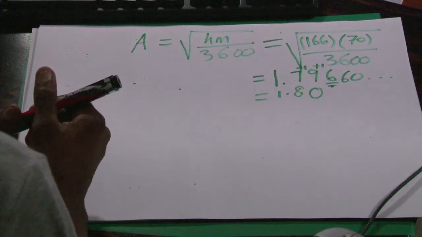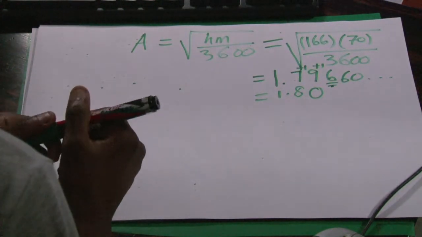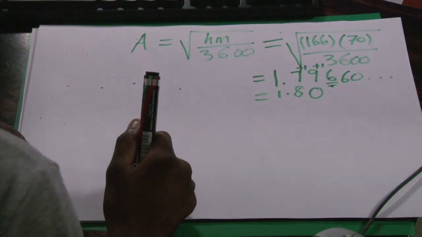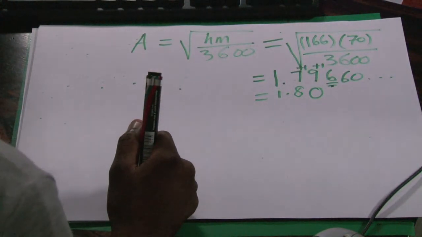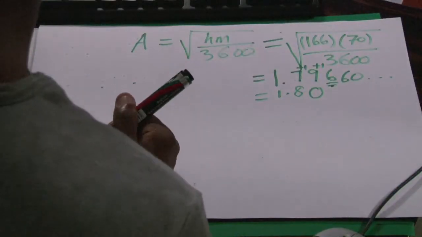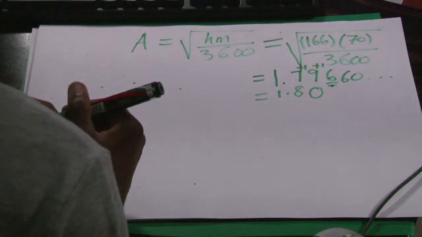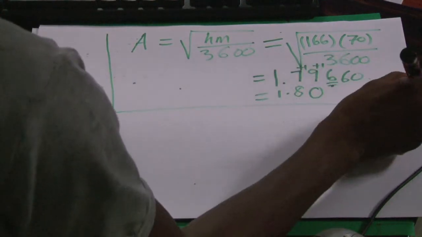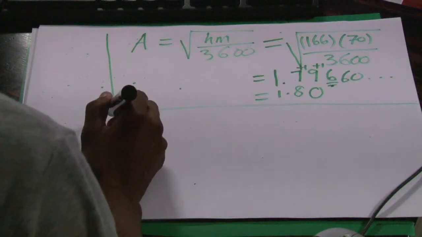Alright. The second question is, Derek has a mass of 80 kilograms. Find his height if the area is equal to 1.99. So again, we are still using substitution. So what we are going to do here is to substitute in all what we know.